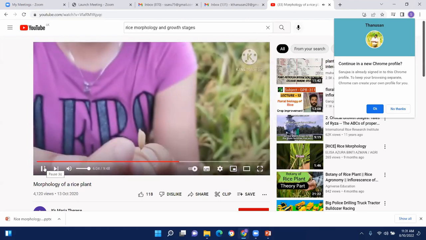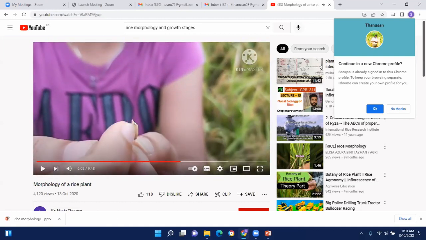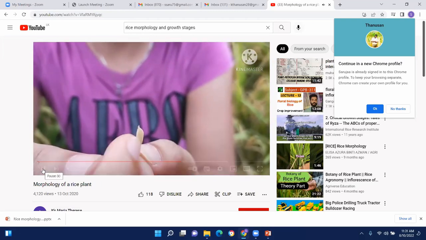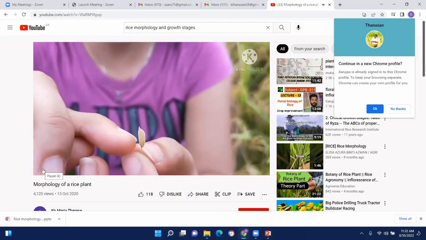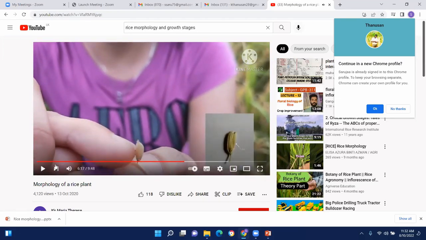So on this part of the seed, this is what we call the lemma, which is found on the outer part of the seed. And on this part, this is what we call the palea. Okay, this is the lemma, then the palea.